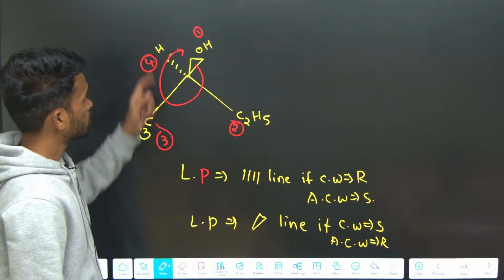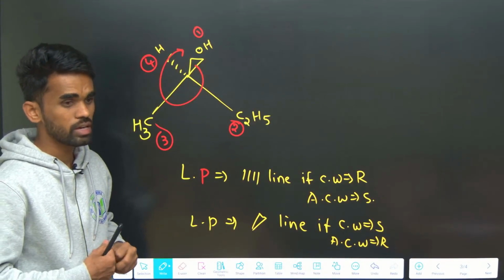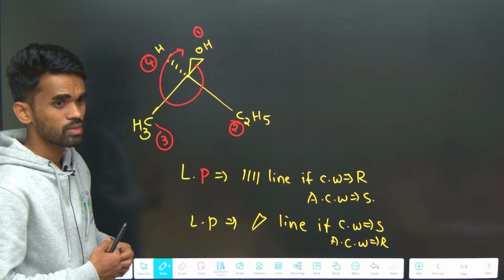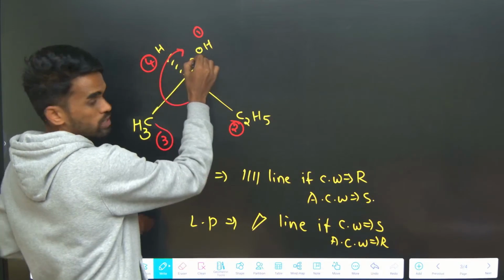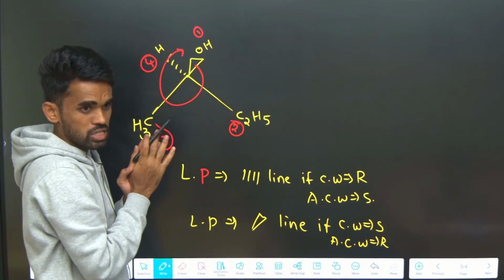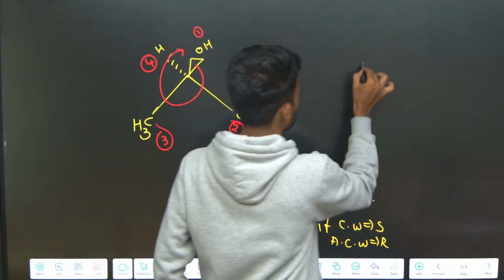Now tell me, if it is in the plane, you need to rotate it. Okay. Now tell me, what about this? It is clockwise rotation, least priority on the dashed line. It means R. Okay, and I am taking one more example here.